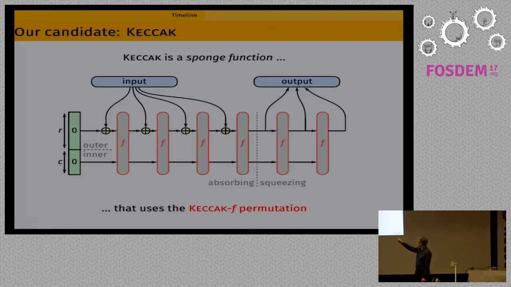And between these blocks, there is this permutation F. So this permutation F, called Keccak-f, is really the core of Keccak. It's really where the crypto is happening, where most of the time is spent. So this Keccak-f permutation is really, let's say, the common part of this presentation.